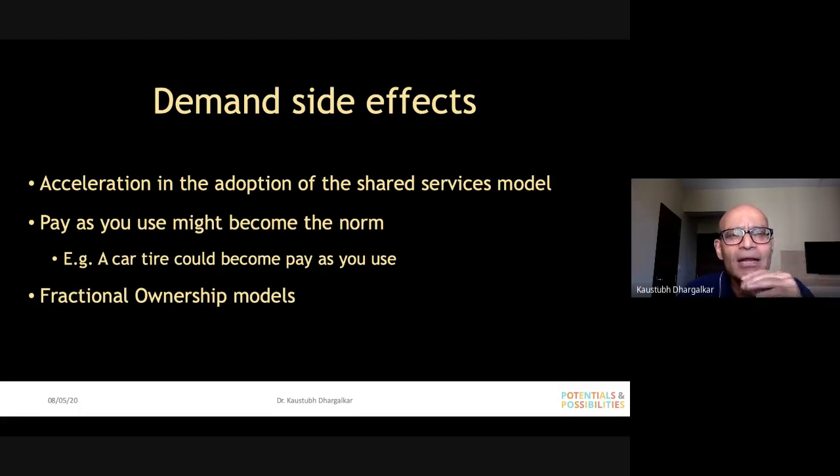Now, this kind of data capture because of the pay as you use model will also enable, number one, tracking the performance of your tire. So it is great information for R&D and improvements in design. Second, alternate revenue streams could be generated from this captured data.